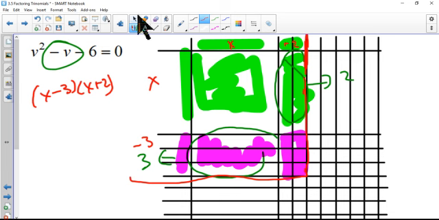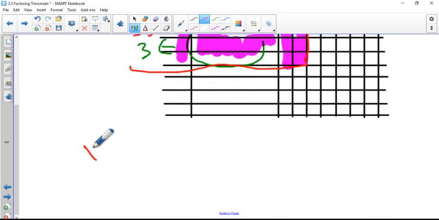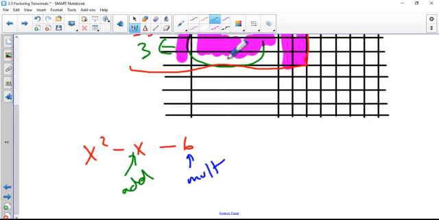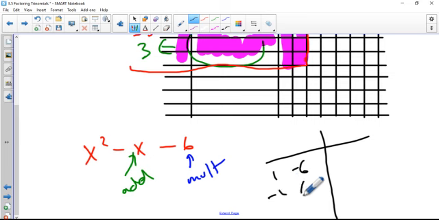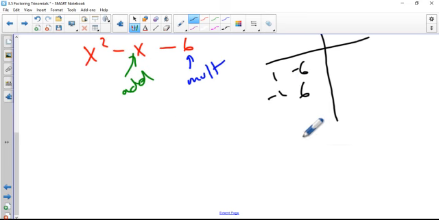So looking at the other approach, we want to multiply and add. Multiply to negative 6, add to negative 1. So we've got 1 and minus 6, minus 1 and 6, 2 and minus 3, or minus 2 and plus 3.